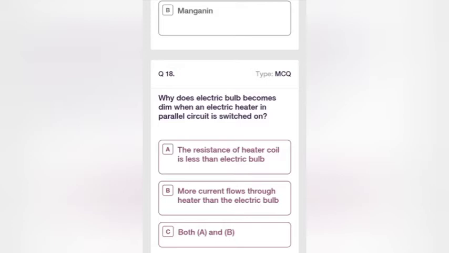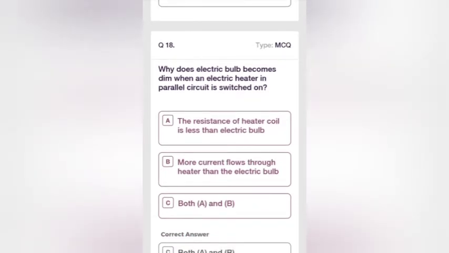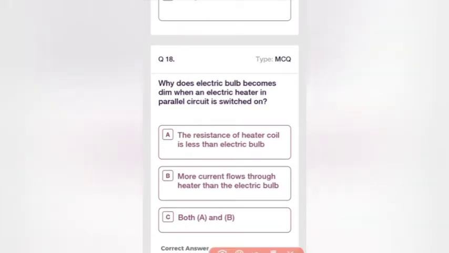Why does electric bulb become dim when an electric heater in parallel circuit is switched on? See, we have electric bulb, and along with that we'll be having electric heater, and this is phase and neutral. It has been connected to phase and neutral of the supply in a parallel circuit.